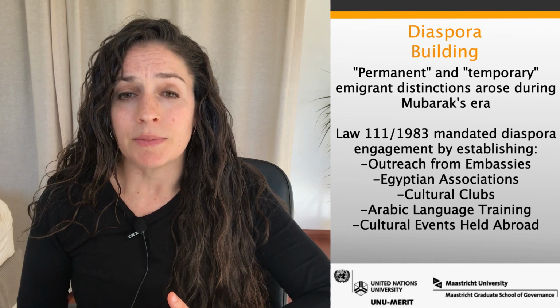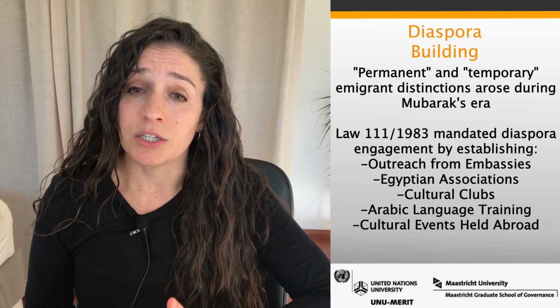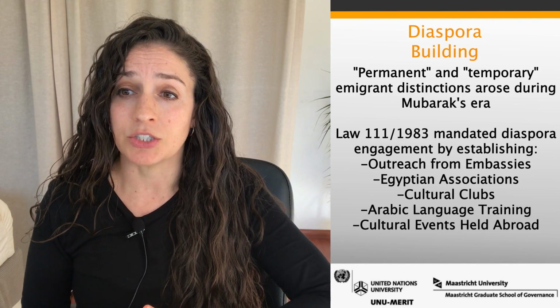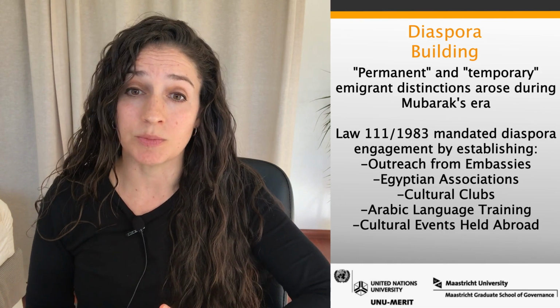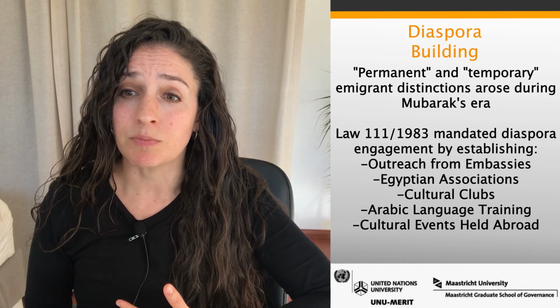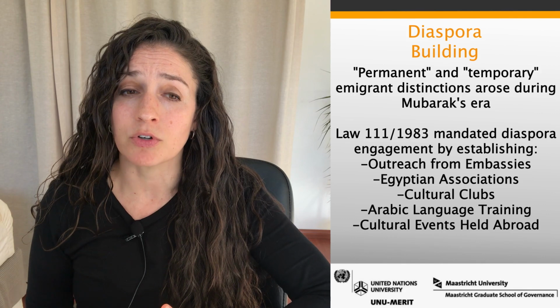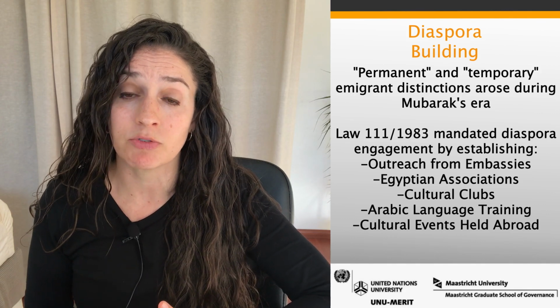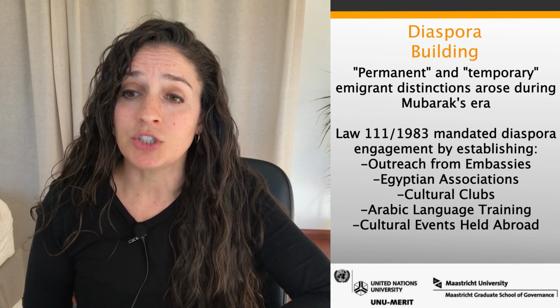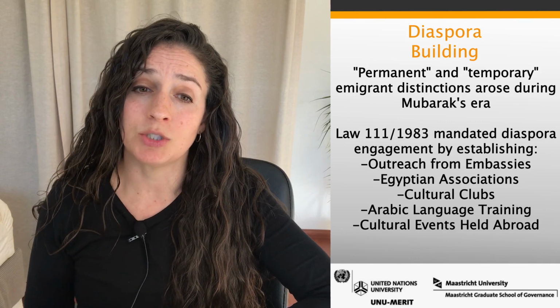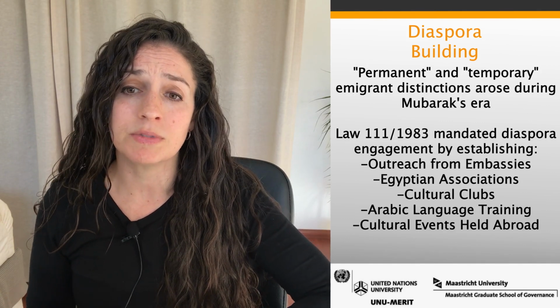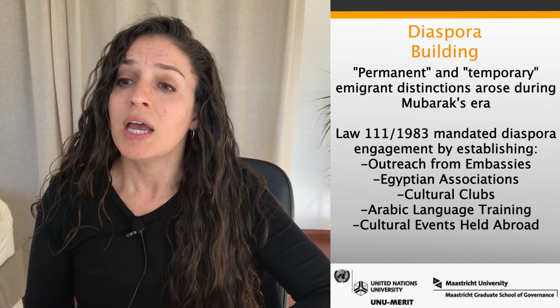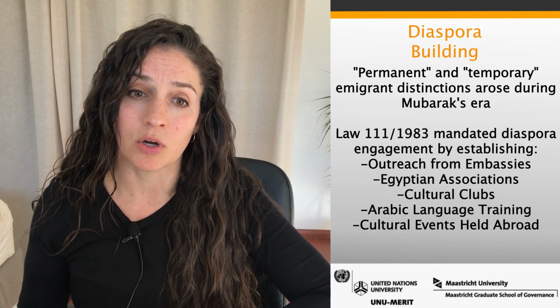For the first time, the Law 111 in 1983 also introduced duties of the state in terms of maintaining contact with Egyptians abroad, such as establishing posts in Egyptian embassies for officials with responsibilities for maintaining contact with Egyptians abroad, establishing Egyptian associations, cultural clubs, and Arabic language training centers, and organizing cultural events abroad.